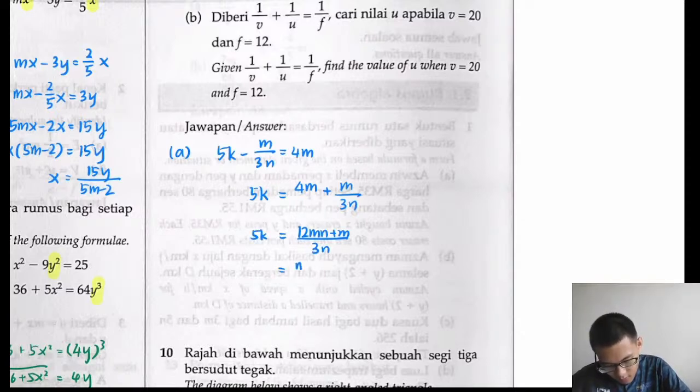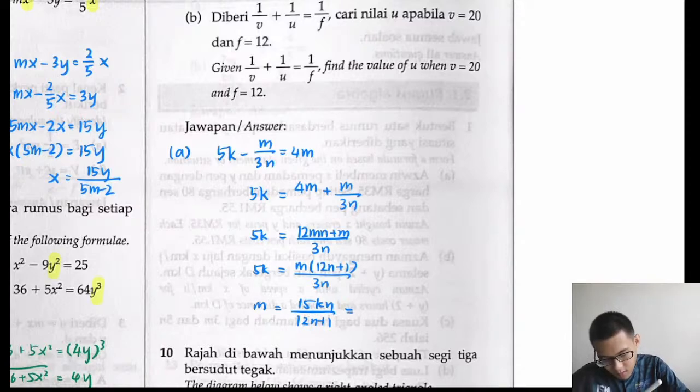So I know that m is here. m times 12n plus 1, over 3n, equals 5k. Therefore I move here to become m equal to how much? 5k times 3n, that is 15kn, 15kn divided by 12n plus 1.